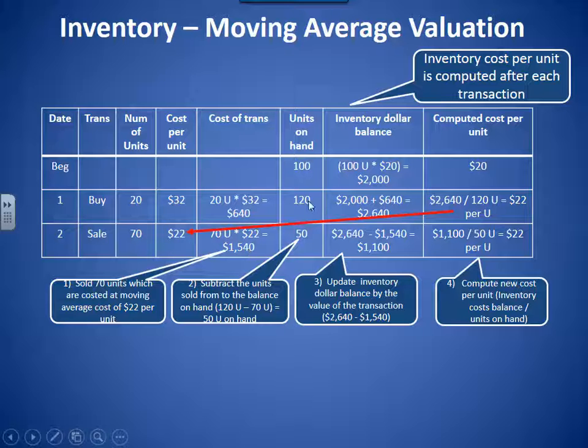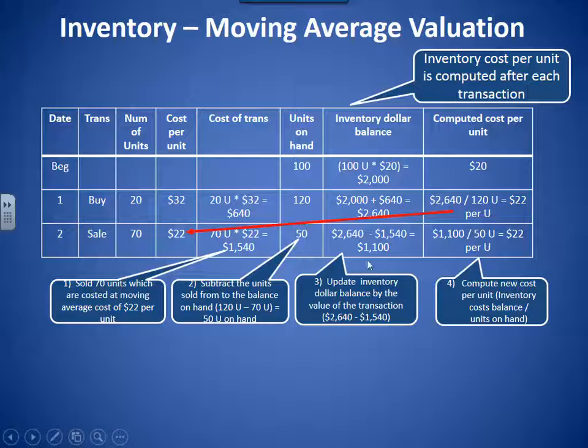We take a look at our units on hand. They started at 120, but now we subtract out the 70 we sold. So now in our perpetual records after the sale, we have 50 units on hand. Now we take a look at the inventory balance in our financial records. We started out with $2,640. Now we subtract out a value of $1,540, which came from the transaction we costed previously.